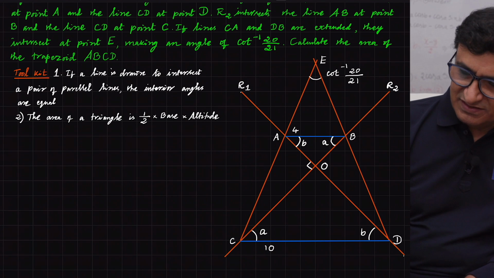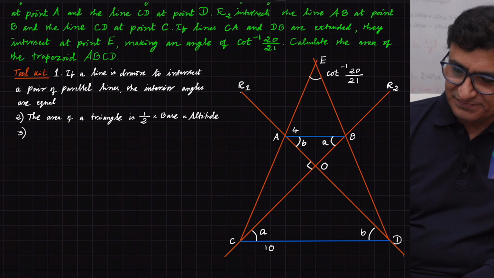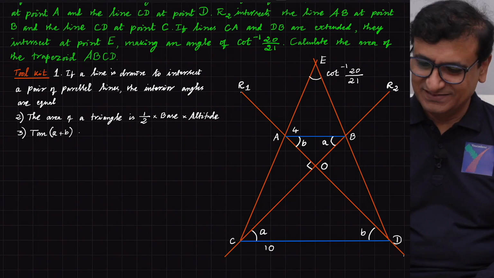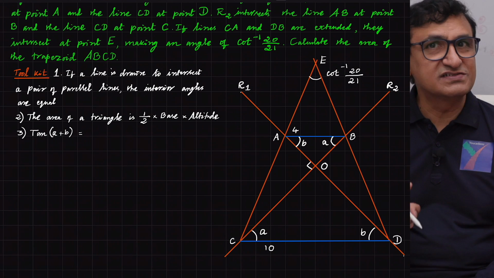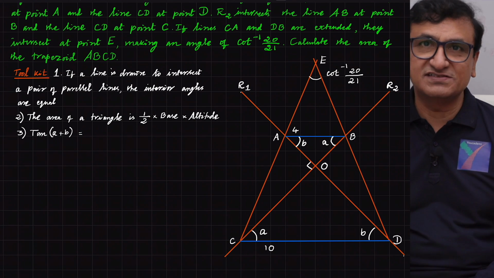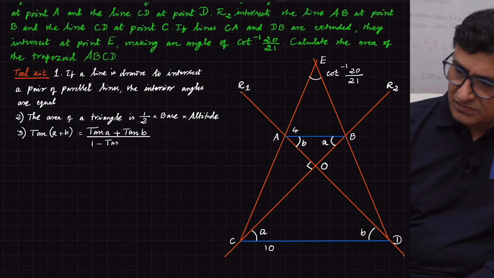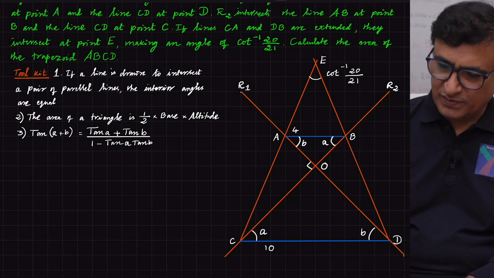Then toolkit number 3, the tan (A plus B) formula. Tan (A plus B) equals tan A plus tan B, divided by 1 minus tan A tan B. Okay, the last one, the fourth one.